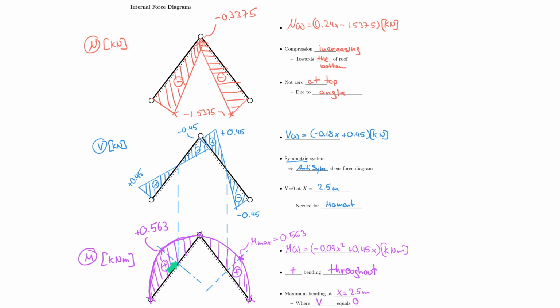That means that for our moment diagram, we must have a maximum here at the center of the beam, which we calculated simply by plugging 2.5 into these equations. So these equations can be a blessing, if you will. And with that done, I think we are ready to put the internal force diagrams for snow load to rest, and we move on to wind loads.